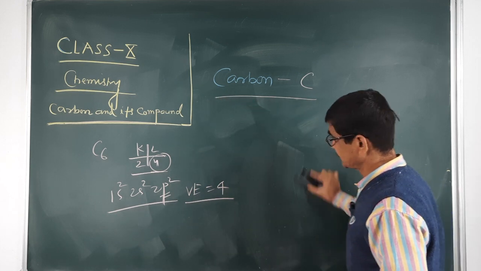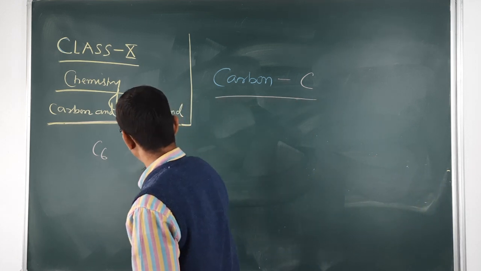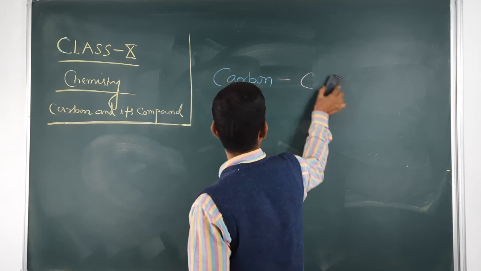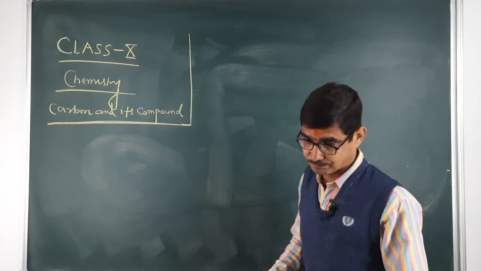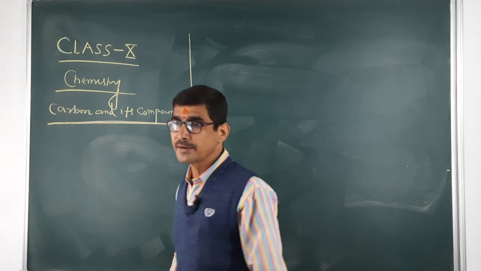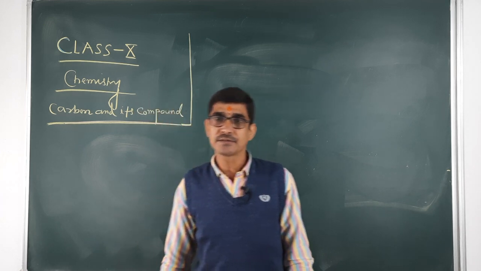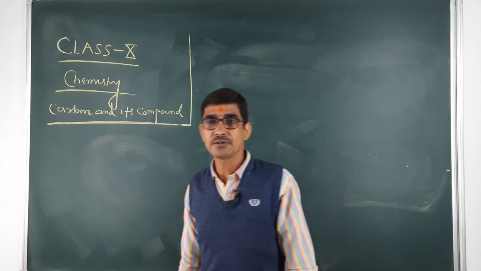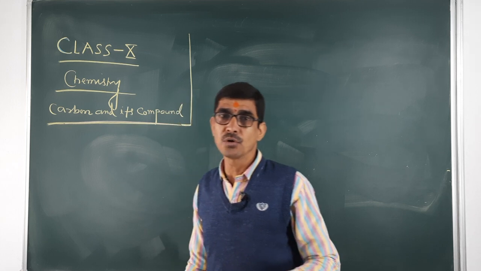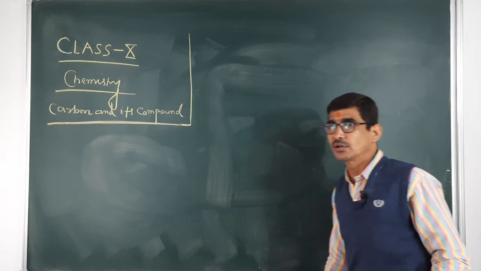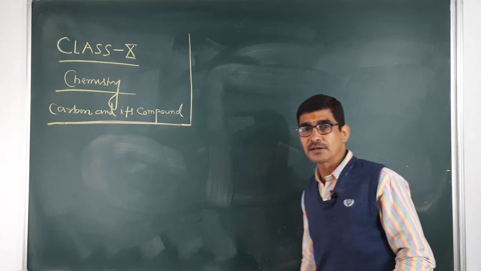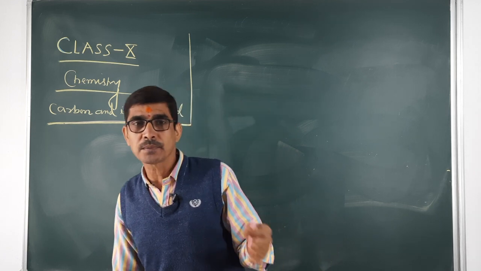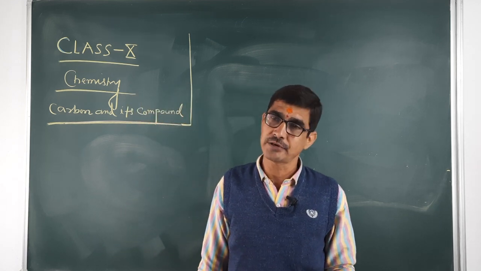This is due to catenation and tetravalency. So, my question is, what do you mean by catenation? Catenation means carbon has ability to form long chain by self-linking. So, self-linking property of carbon is called catenation.